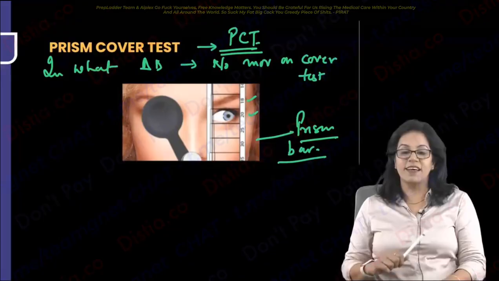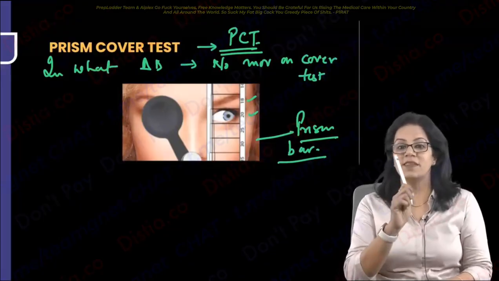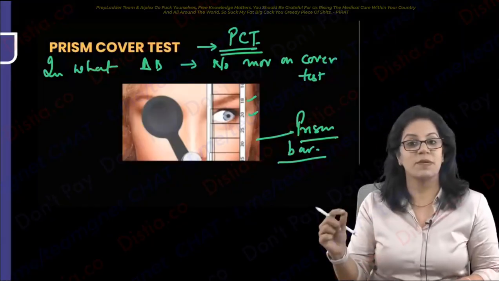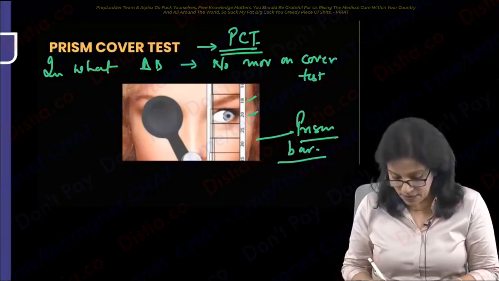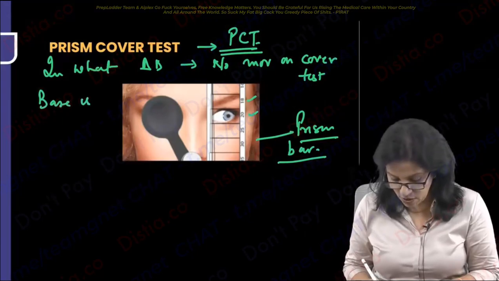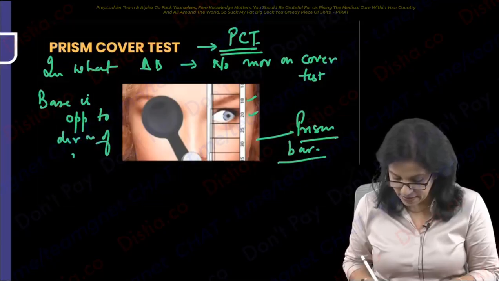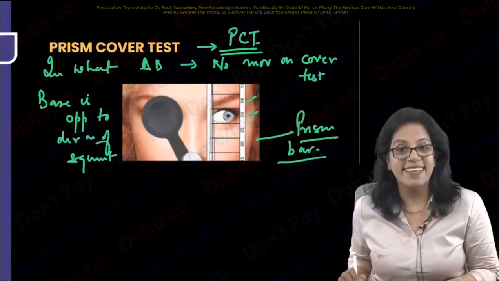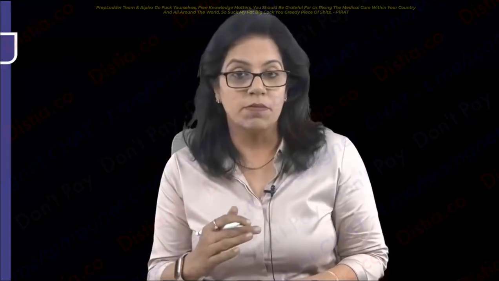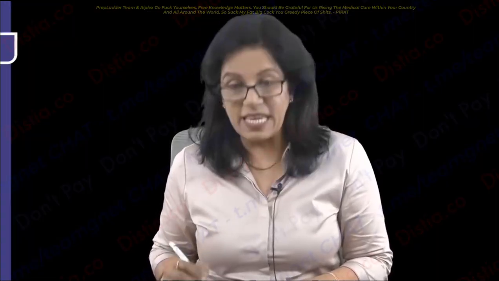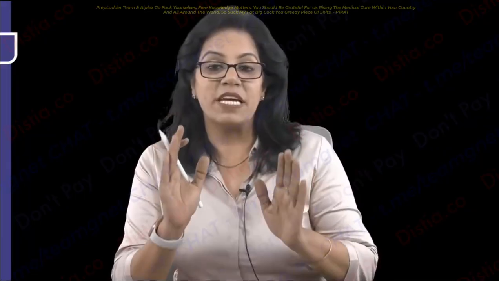Now, there is one trick here. What you have to understand is how to place the prism. Prism has an apex, prism has a base. Please remember, base is always opposite to the direction of squint. Can we understand this well? So when the base is opposite, if this patient has esotropia and I want to know the amount of this inward deviation, what will I do?